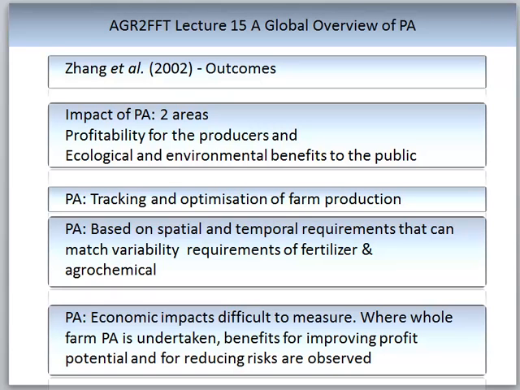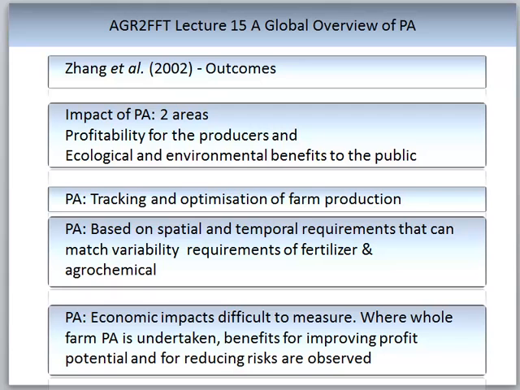In this paper, they state that the impact of PA can be seen predominantly across 2 areas: profitability for the producers and ecological and environmental benefits to the public. PA has seemed to be about tracking and optimizing farm production.